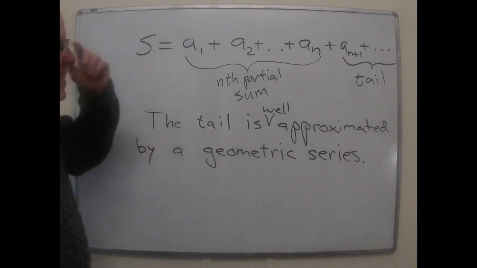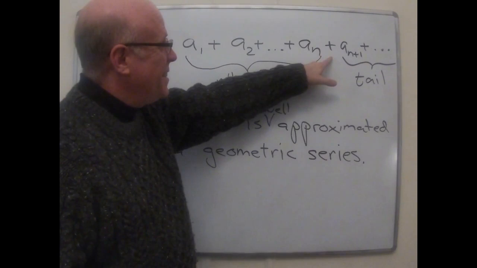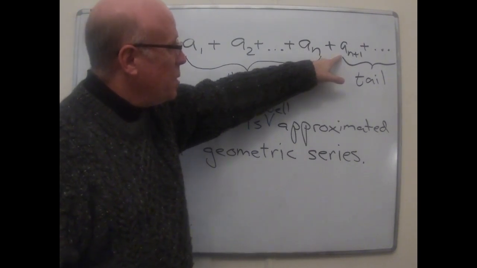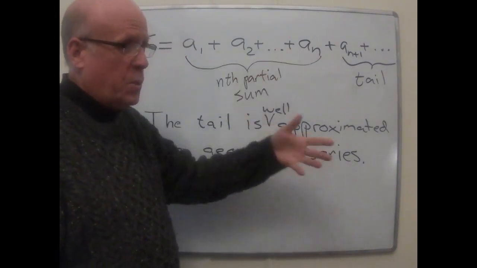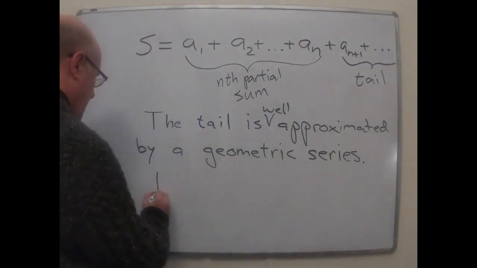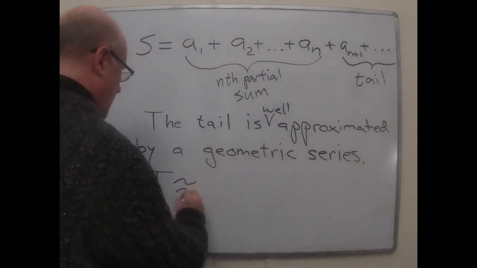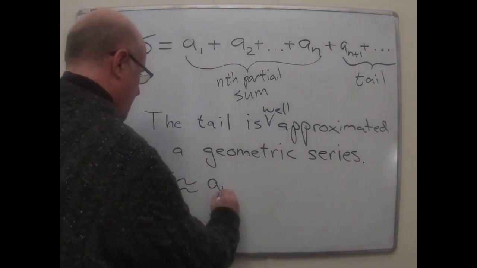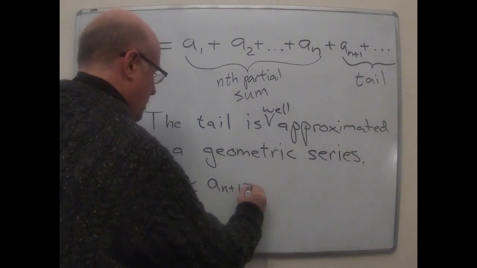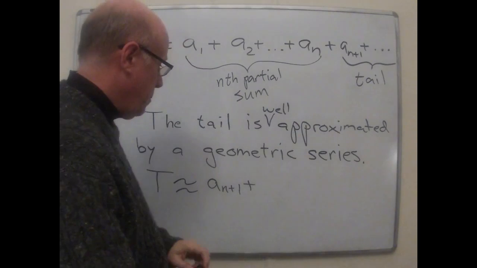Why? Because we know that the ratio between a sub n plus 1 and a sub n is approaching r. So you can say, well, look, the tail, do you mind if I write T for tail? The tail is approximately a sub n plus 1 plus the next term down would be that ratio times a sub n plus 1.